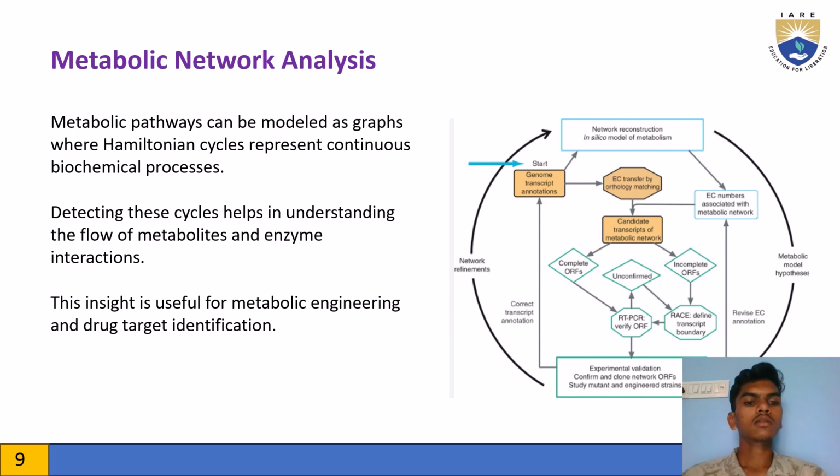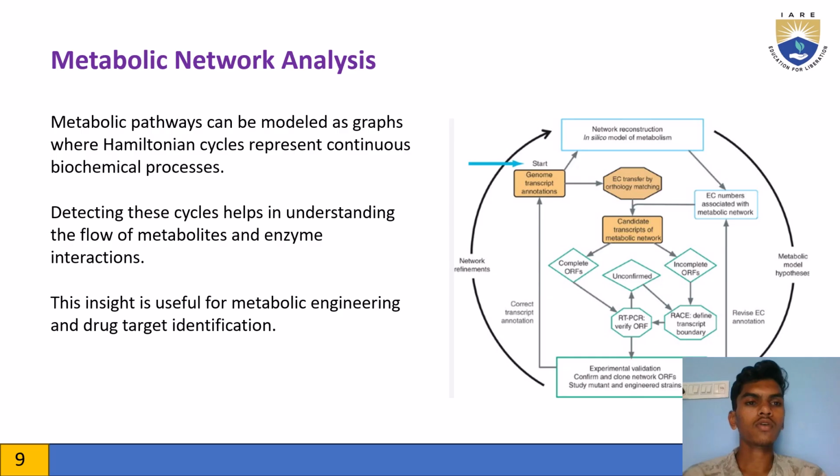These insights are useful for metabolic engineering and drug target identification. You can see the picture of the metabolic network analysis as shown in the image, which is a network reconstruction in a slice model of metabolism, and where it starts and how it works. This is the cycle of the metabolic network analysis.